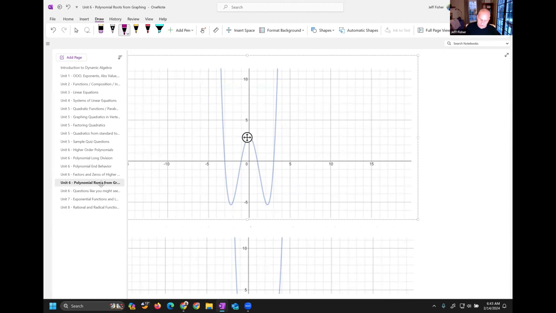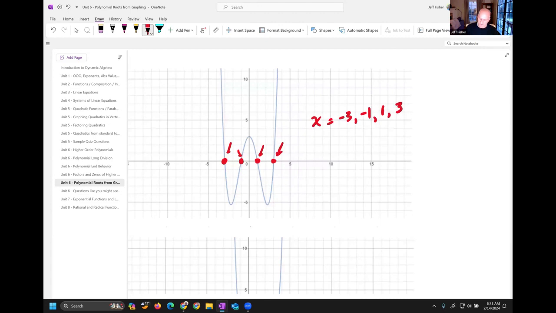The roots are where it crosses the x-axis. Here, here, here, and here. So the roots are going to be x equals negative 3, negative 1, 1, and 3. Okay?